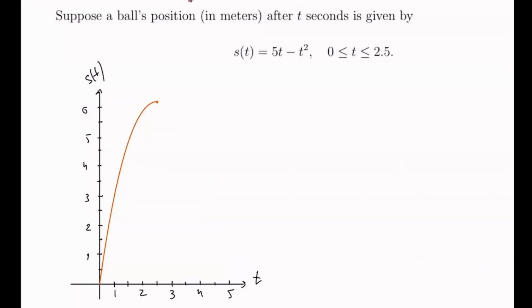As time passes, the ball slows down, and at t equals 2.5, this is where the ball stops moving forward. So this is a graph of s of t. This is a parabola that rises, and then it flattens out if we were to continue, because the ball continues staying and not moving anywhere, right?